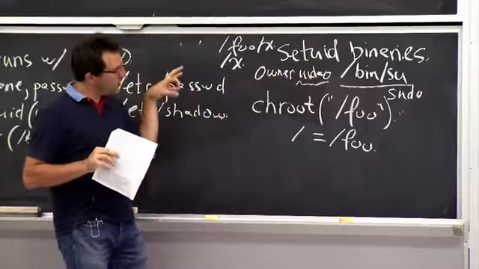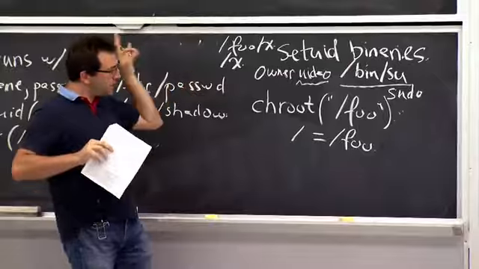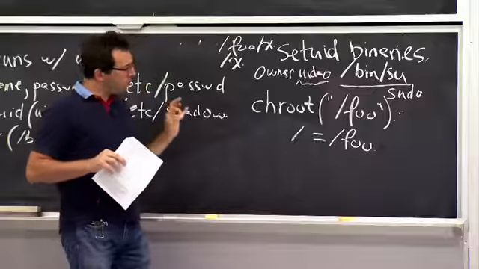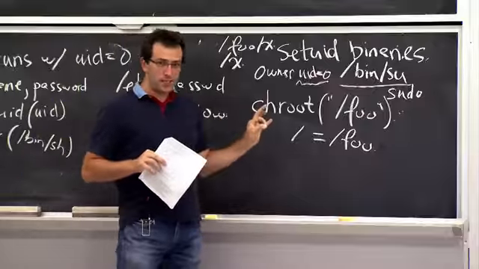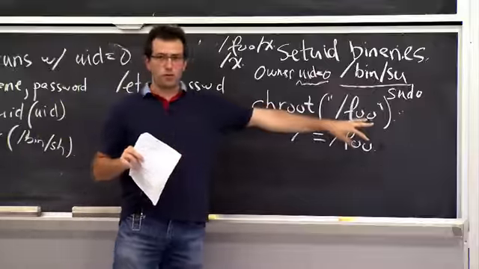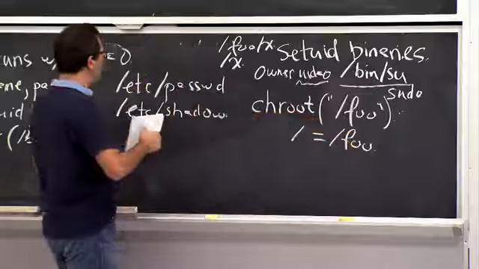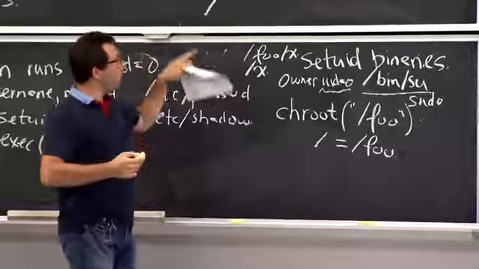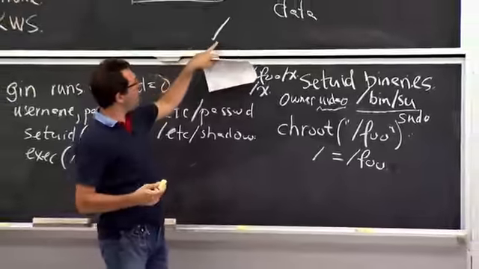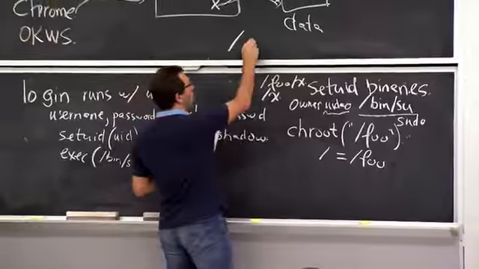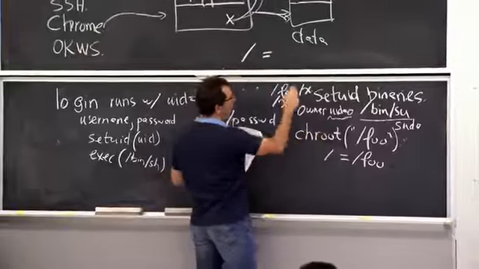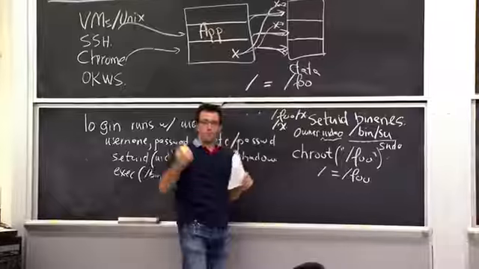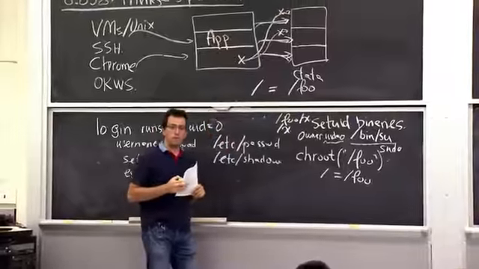So this is the intuitive version. Of course, in security, what matters is not the intuitive version, but what exactly the kernel is doing with this system call. And what the kernel does is basically two things. One, it changes what / means. Whenever you start a path name with /, the kernel will now plug in whatever directory you gave to chroot, roughly the /foo from before you called chroot.